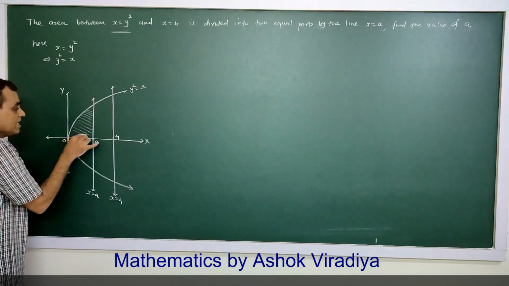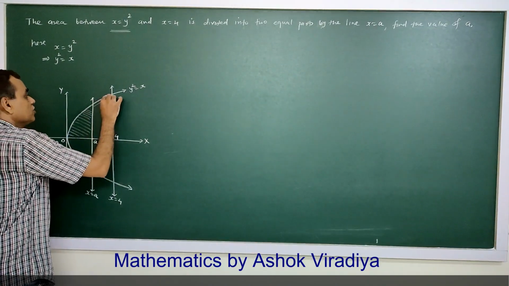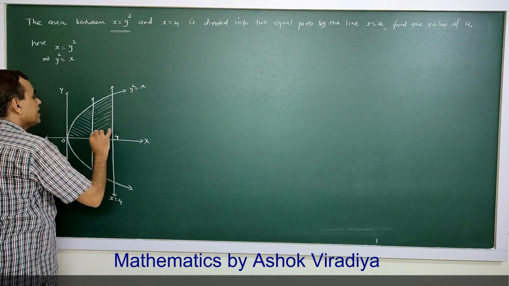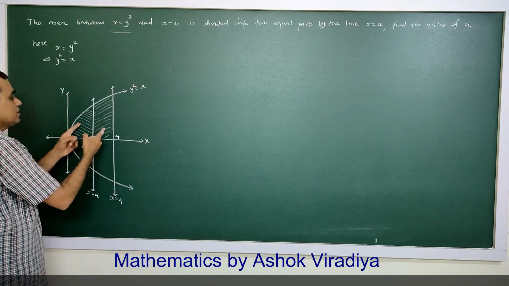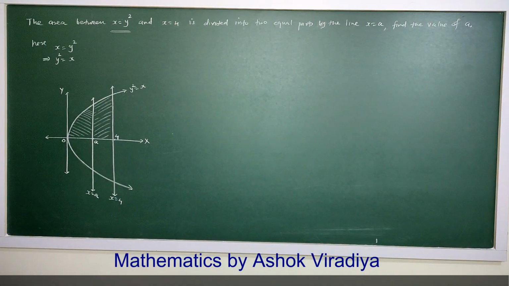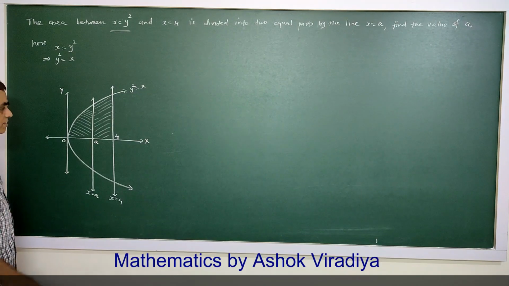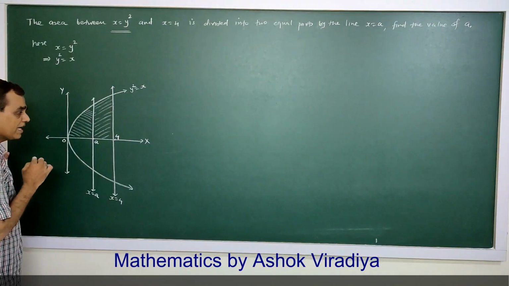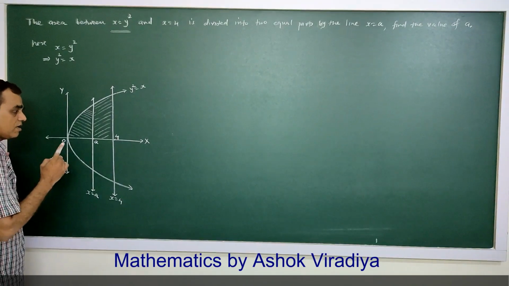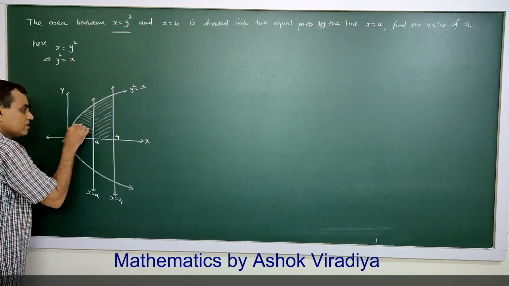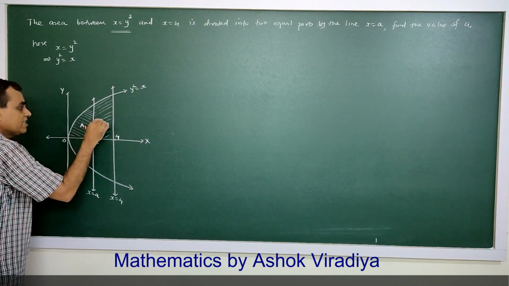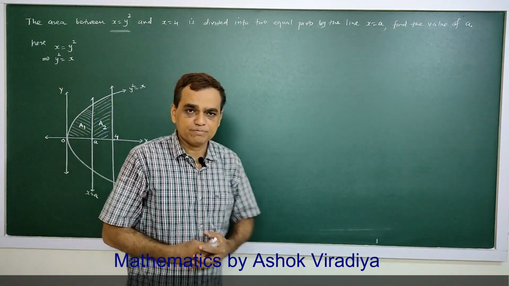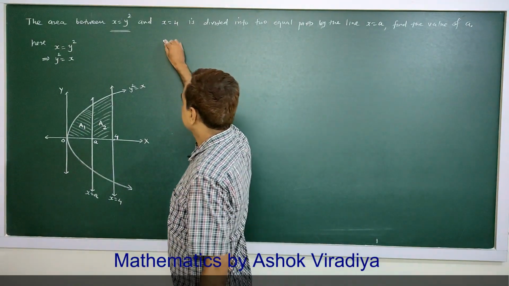So in calculation we will take these regions. If we label this A1 and this A2, then in short this can be described as follows.